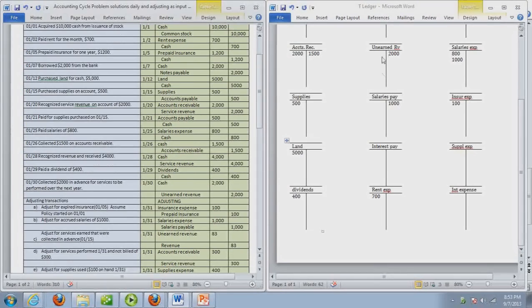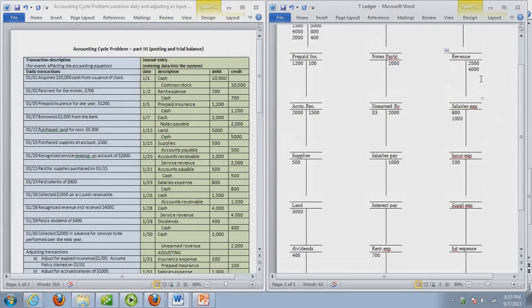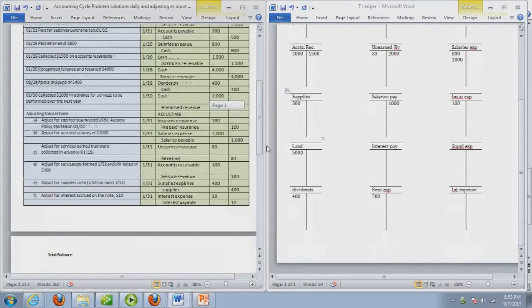So our unearned revenue goes down with the debit, and revenue goes up with a credit. And just keep adding it to the appropriate accounts. Now we're down to accounts receivable and service revenue.